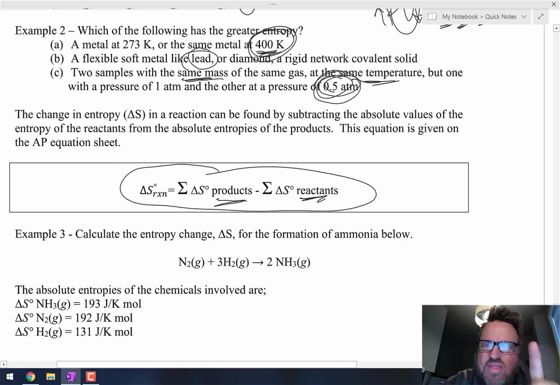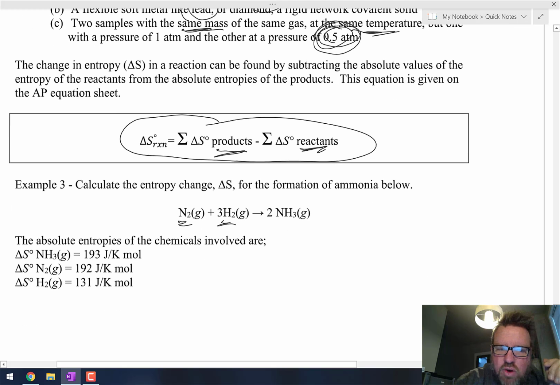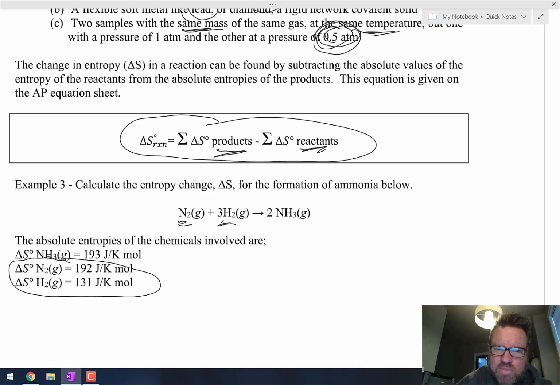That is not the case with entropy. And that's because, remember, unless you're at 0 Kelvin, everything has some disorder associated with it. So nitrogen and hydrogen are both in their elemental form, but notice that nitrogen and hydrogen both have an entropy associated with them. However, you solve the problem the same way.